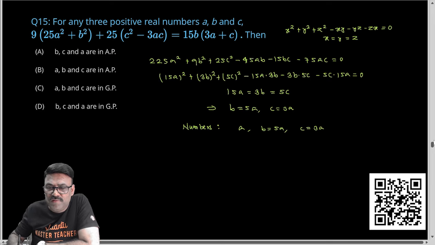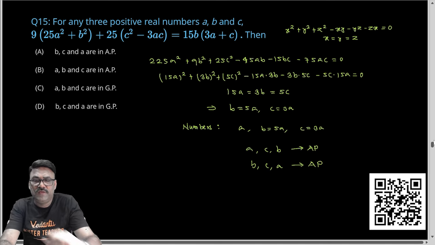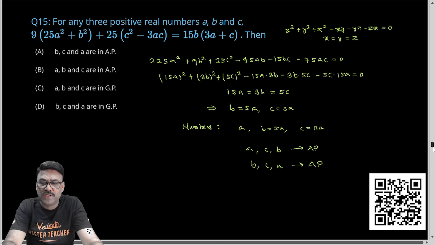So 1, 3, 5 is AP. So that means A, C, B are in AP. A, C, B. Or you can write reverse order also. If A, C, B are in AP, then B, C, A are also in AP. So either you write A, C, B or B, C, A. Means option A is correct option here. In option A, you can find B, C, A are in AP.